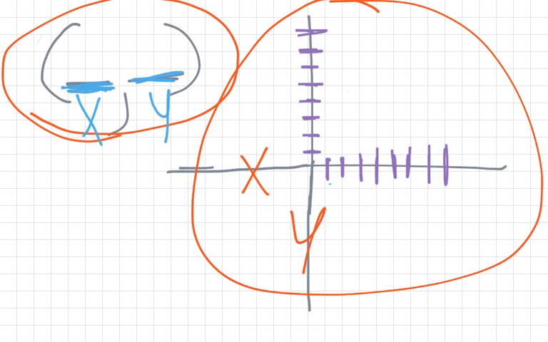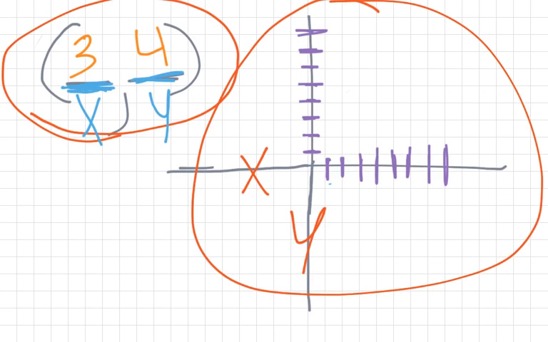Okie dokie. So for example, let's go with 3, 4. Coordinates are always separated by a comma because it will tell you how far you need to go over and how far up. Does that make sense? Okie dokie.